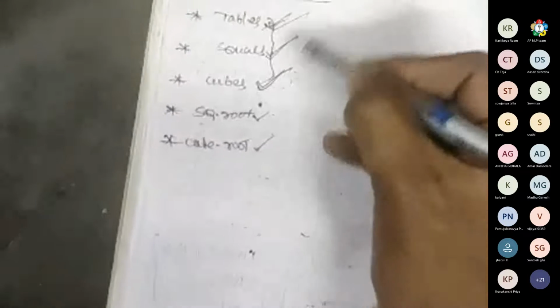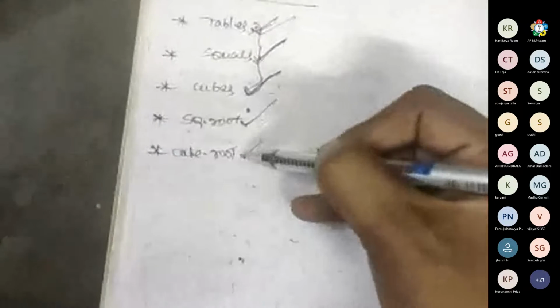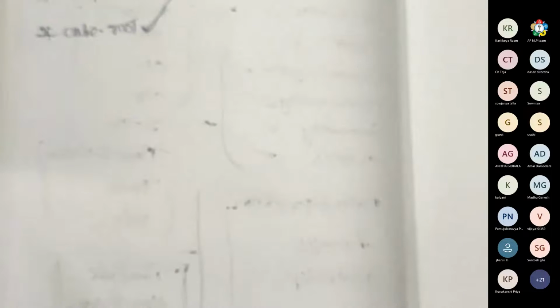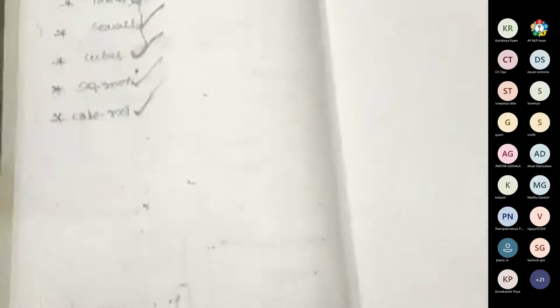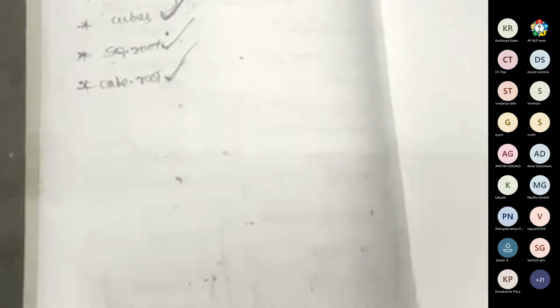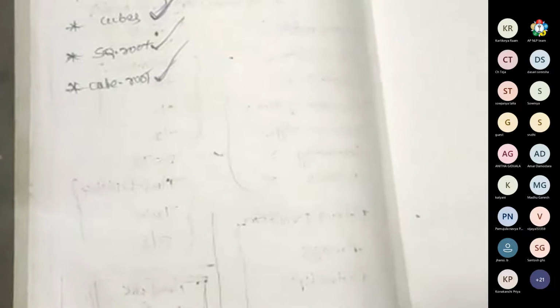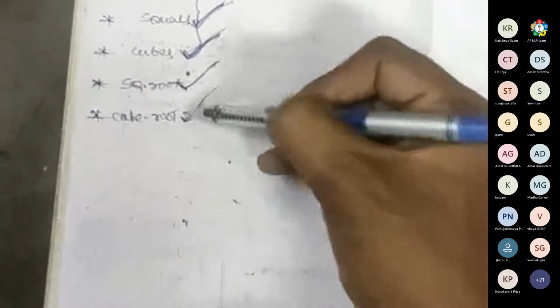If you are familiar with all these basics, then it is very easy for the mind. If you are good at mind calculations, then you can solve any sum in an easy way. That's why please concentrate on tables, squares, cubes, square roots, and cube roots.